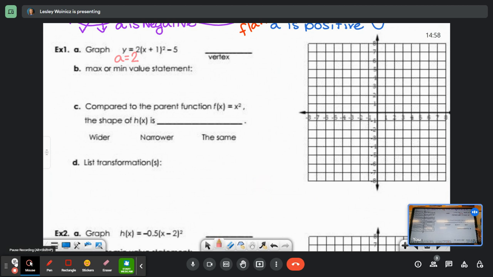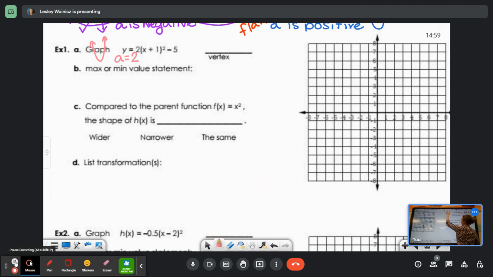So in front of the X is the 2, our A value. So looking at our number line, specifically at yours because you can't see mine anymore, what do we know about it? Yeah, it's opening up and it's vertically stretched, so it's going to be like that.